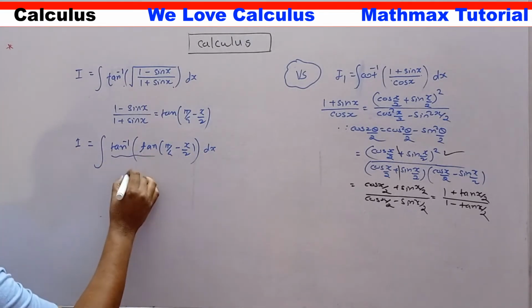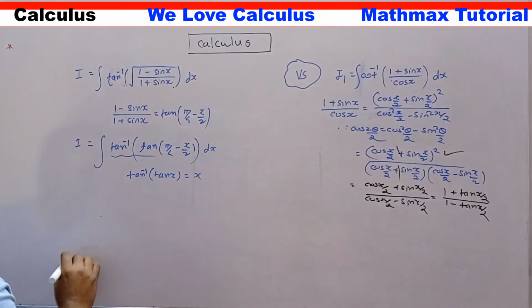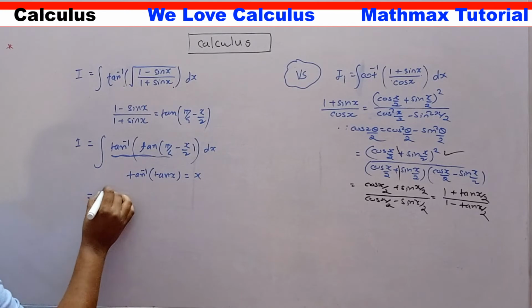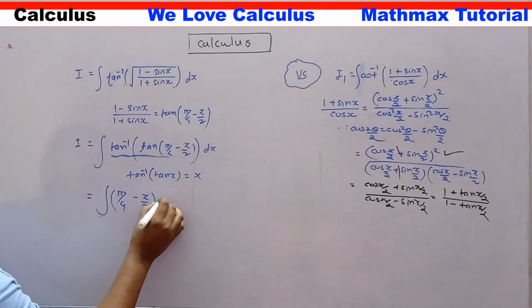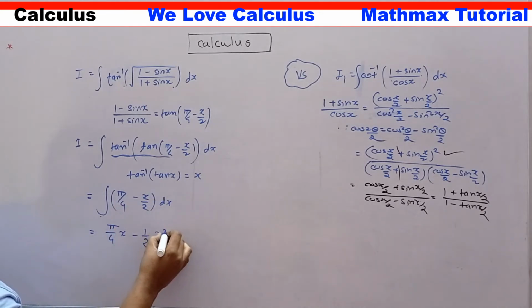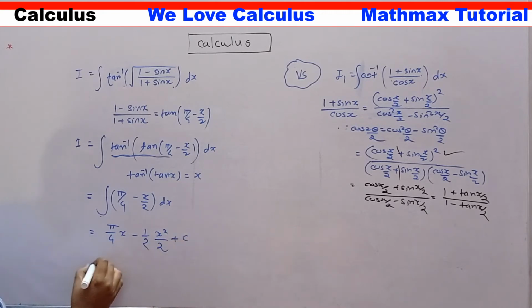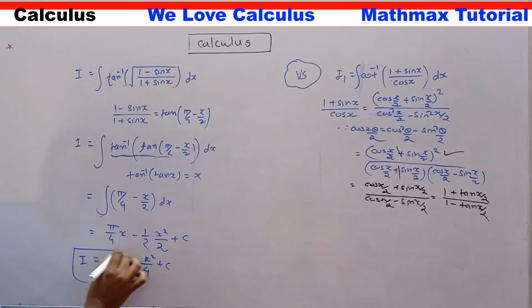We know the property tan inverse tan x is equal to x, so this term gets cancelled, and we have the integral of pi by 4 minus x by 2, dx. Now integrating this function, we get pi by 4 times x minus 1 by 2 times x square by 2, plus the constant of integration. Therefore we get pi by 4 x minus 1 by 4 x square, plus the constant of integration for I.